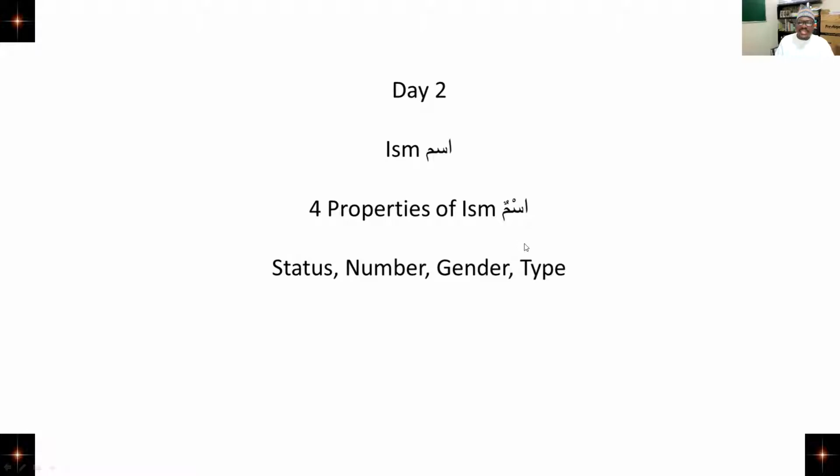So the word ism is key, even to the aqidah of the Muslim. And so you see the consonance between Arabic and even the aqidah of Islam.